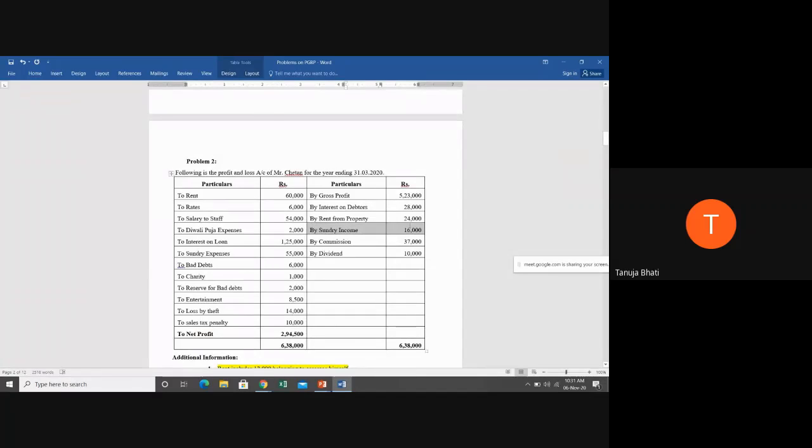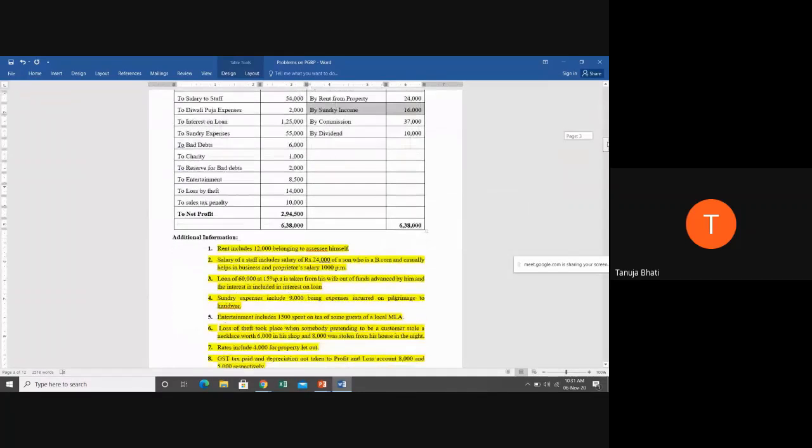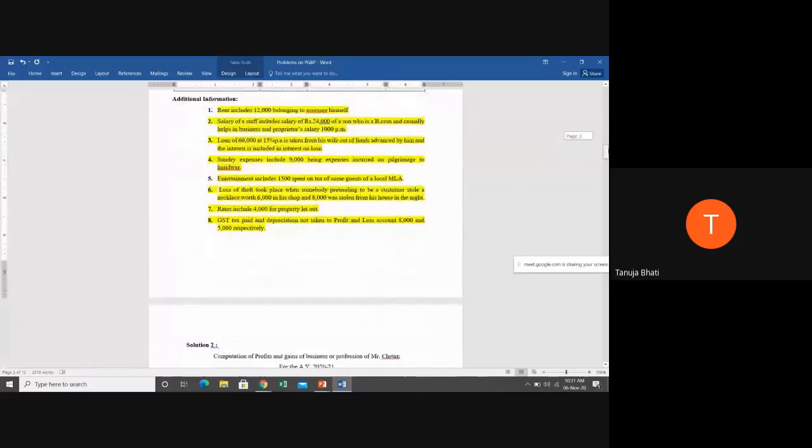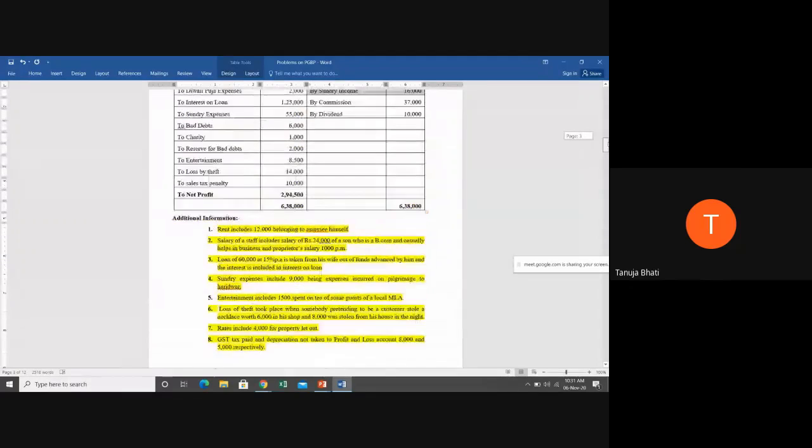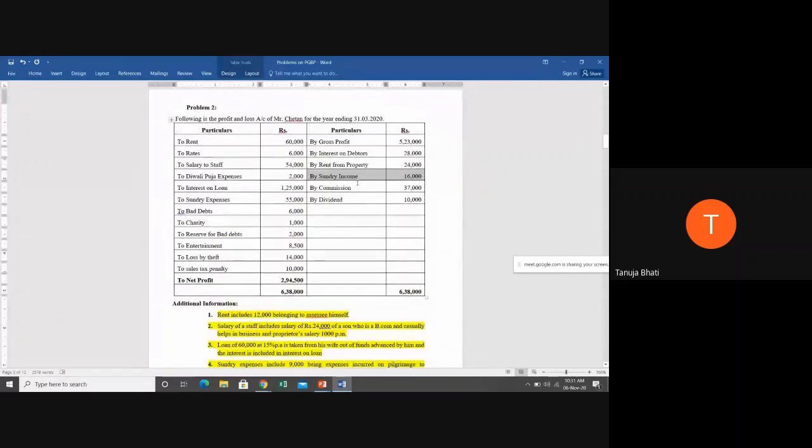By sundry income, you also have to keep on checking the additional information. Now all our additional information is already marked in yellow, which means we have covered all the additional information. So assuming no additional information about incomes is given, since no additional information is given for sundry income, we are assuming it is 100% related to your business, so no effect is to be given because it is allowed.